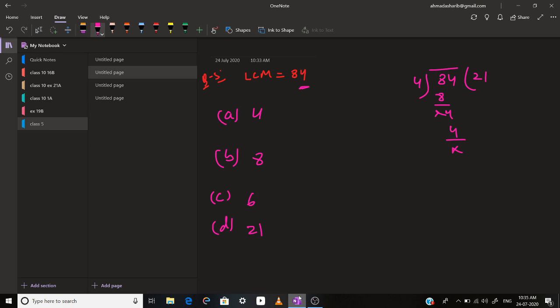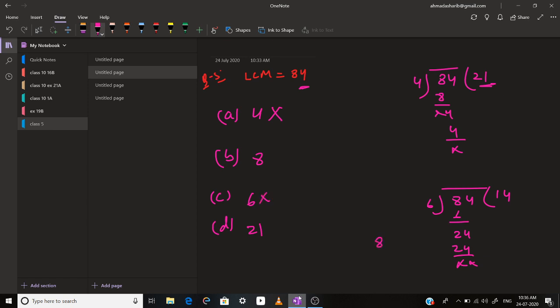So it can be divided completely. So this can be the HCF. If you divide 84 by 6, 6 ones are 6, 6 fours are 24. So it is also completely divided, so it can also be the HCF.